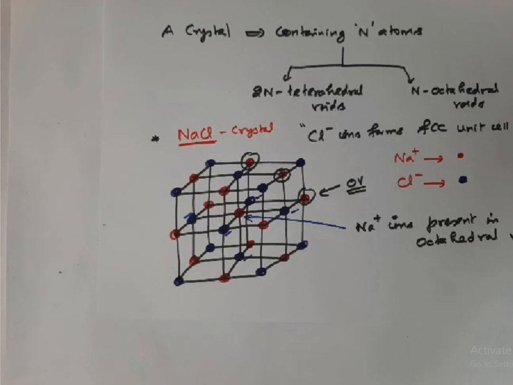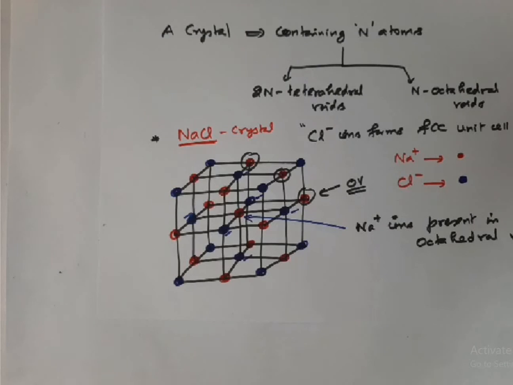In general, if a cubic crystal is given, to identify the octahedral void positions you see the center and edge centers. Usually in cubic crystal it will exist like this.